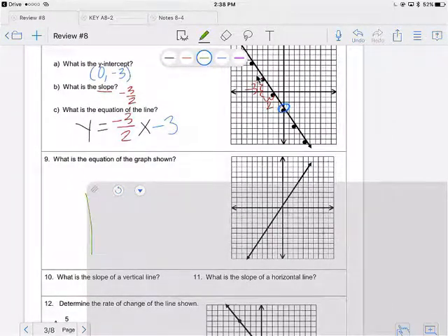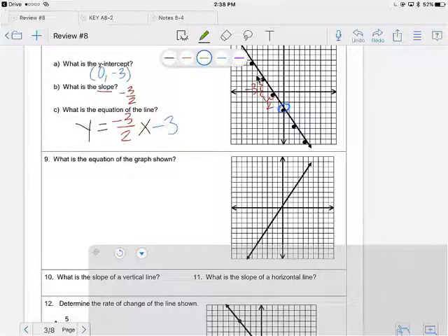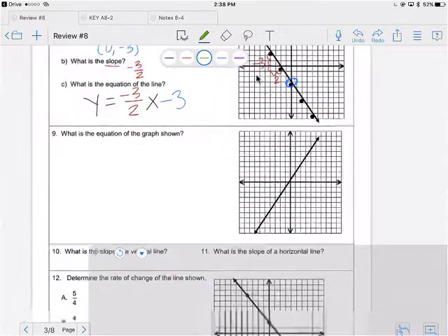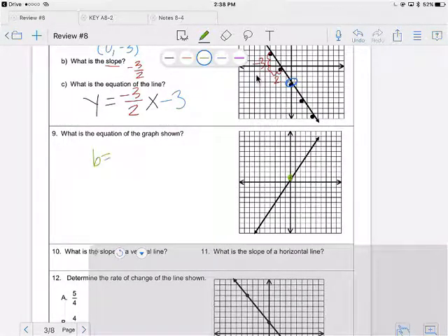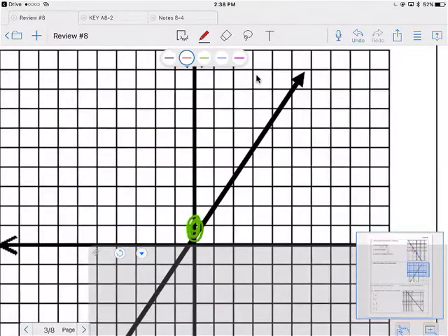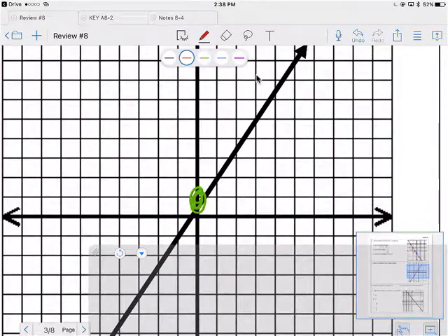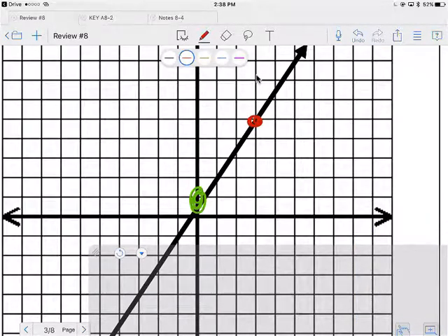Number 9, they asked me to write the equation of the graph shown. So I start at 1, so my b value is 1. For my m value, I'm going to try to find another nice point, and I believe I have one here.